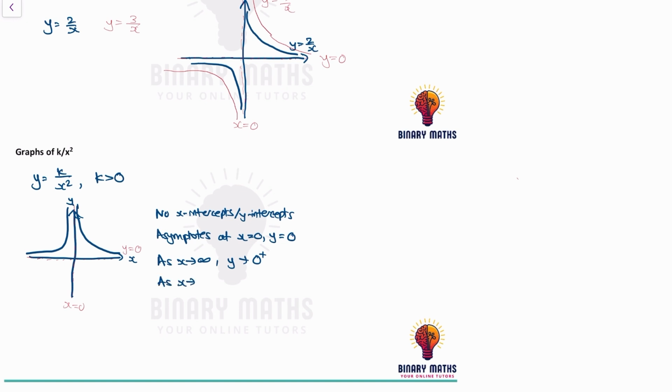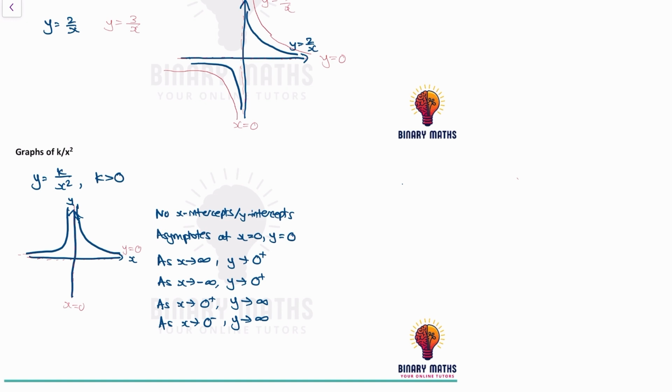As x tends to negative infinity, y tends to again 0 plus. So you can see it's getting closer and closer to 0 on both sides, and 0 from the positive side. As x tends to 0 from the positive direction, you can see y is getting closer and closer to infinity. And as x tends to 0 from the negative side, y is also tending to infinity.